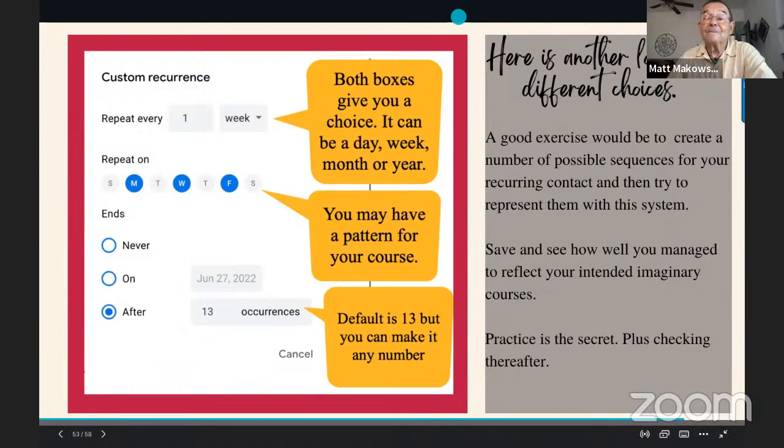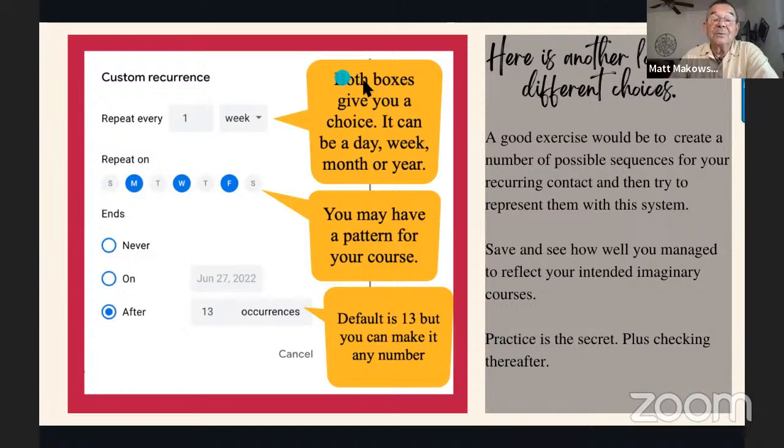Okay? So here, both boxes give you a choice, this box and this box. You can be a day, a week, a month, or a year, and you can be 1 or 2 or 3. You may have a pattern for your choice. Monday, Wednesday, Friday. Okay? And it repeats every week.